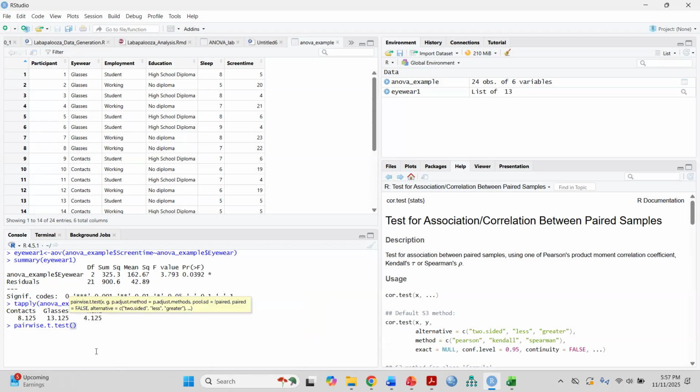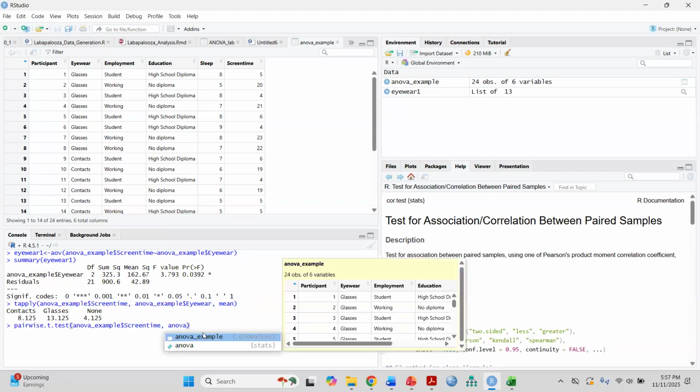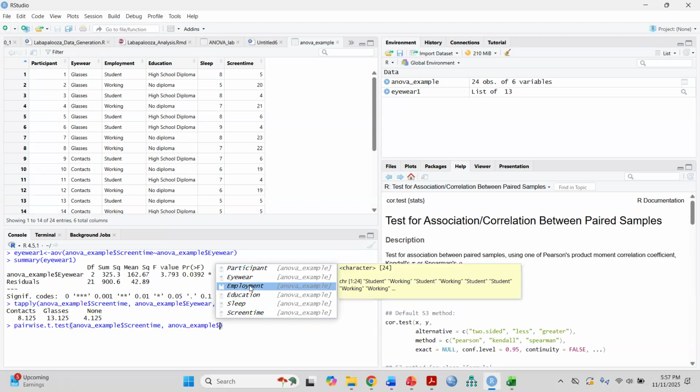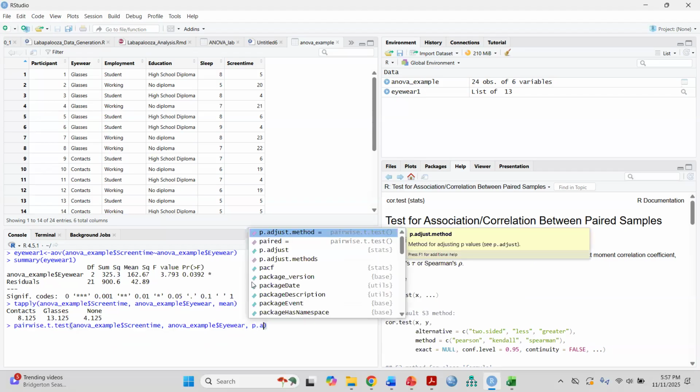So pairwise t-test, and in there you put the dependent variable. So that's going to be screen time. Then you're going to put the independent variable. So that's going to be eyewear. And then you have to put this p.adjust.method.